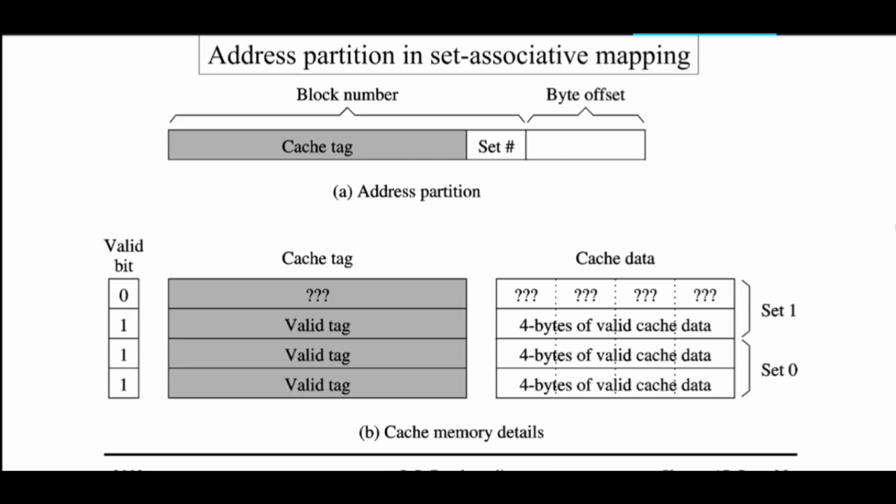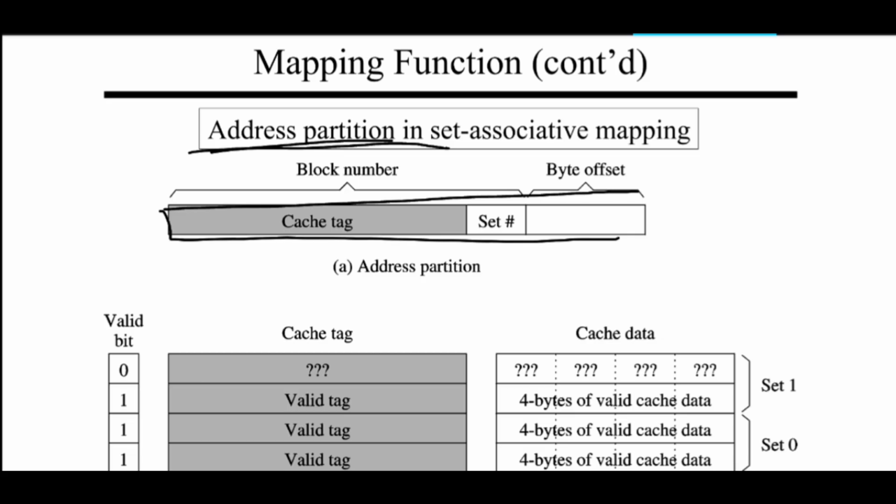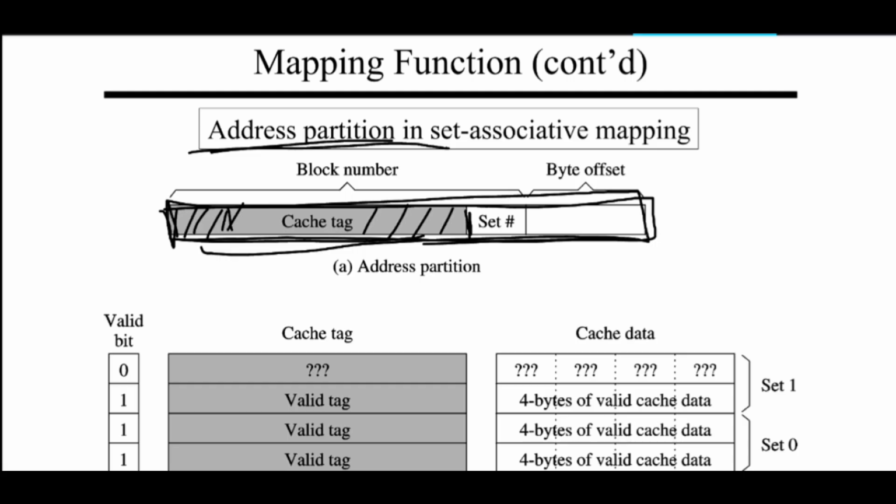We will also see the address partition. Here is the address partition for our set associative mapping. There are actually three partitions. Here is our tag address, and this is our set address.